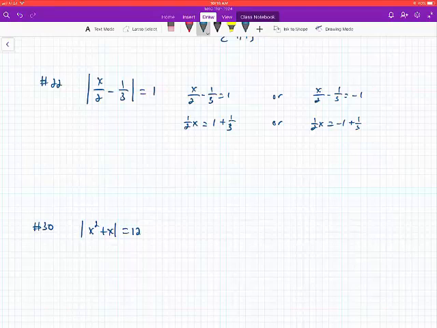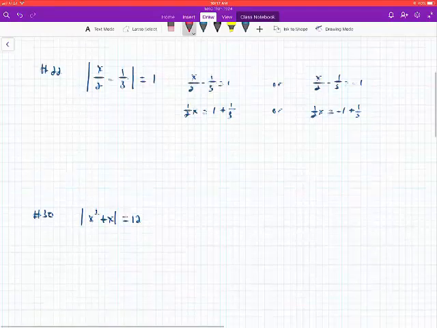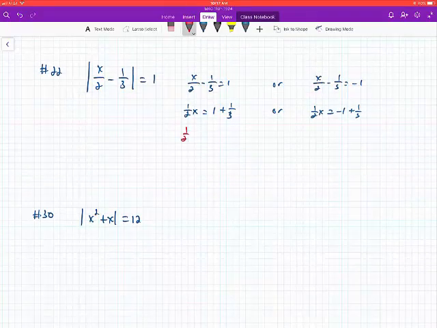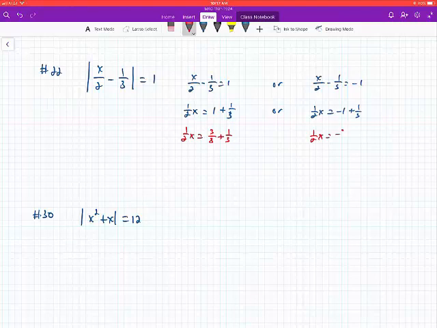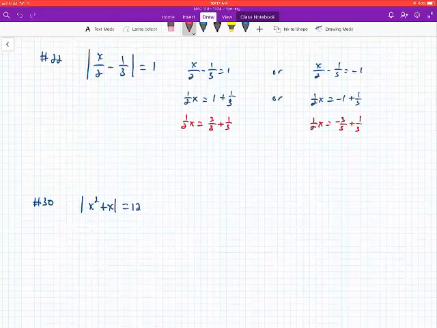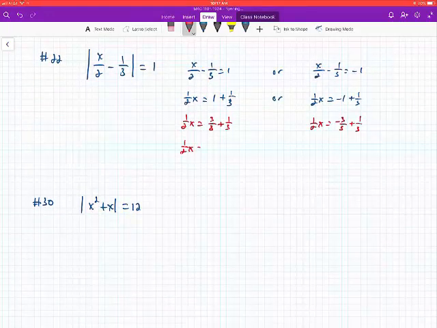So what I'm going to do is rewrite the 1 as 3 over 3. I'm just going to do both of them at the same time. So that's negative 3 over 3. And so I get 1/2 x is equal to 4/3, and here I get 1/2 x is equal to negative 2/3.